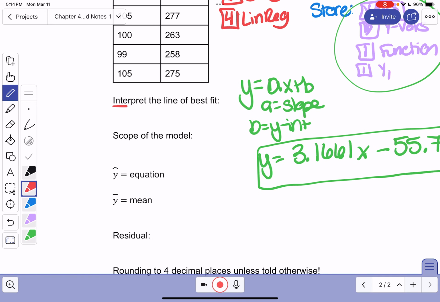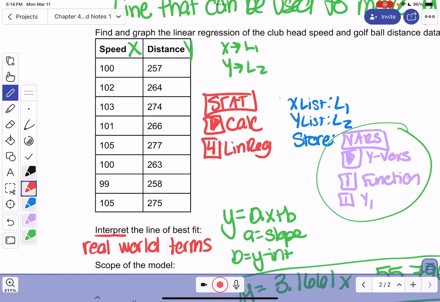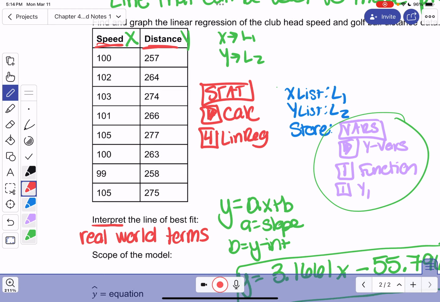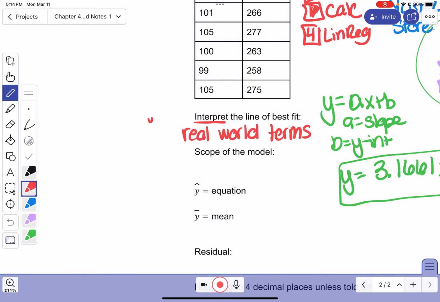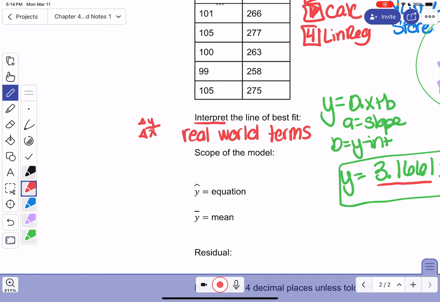If you were asked to interpret the line of best fit, that just means put it in real world terms. So here we're talking about speed and distance, and slope is change in y over change in x. So if I were to interpret this slope, 3.1661, to make that a fraction, it'd be over 1.